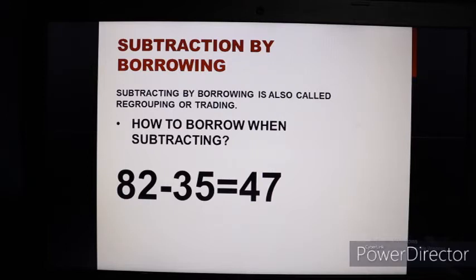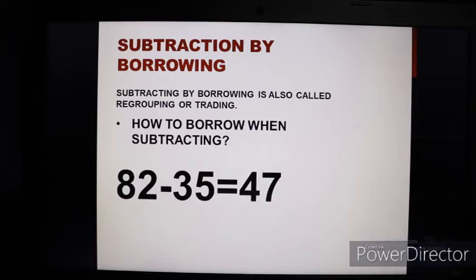For example, if we have to subtract 82 minus 35, then at the ones place we have 2 minus 5, which is not possible.